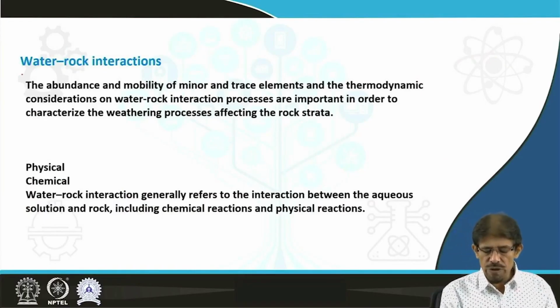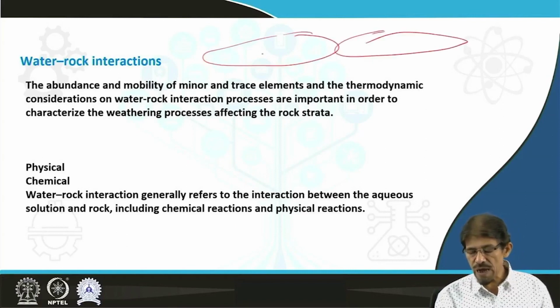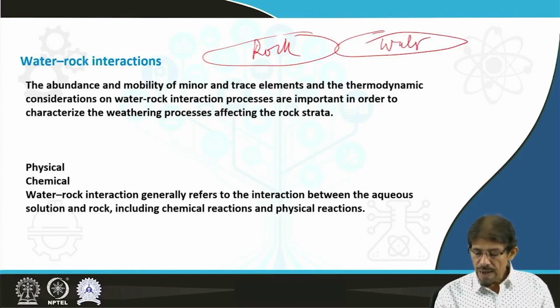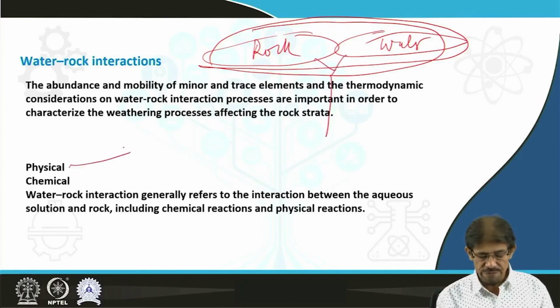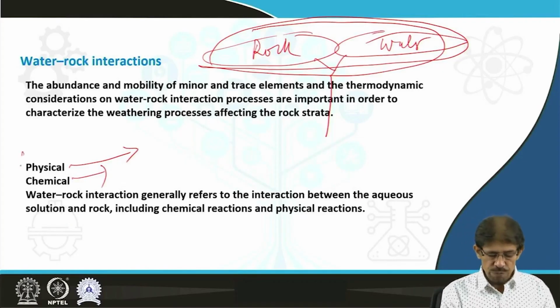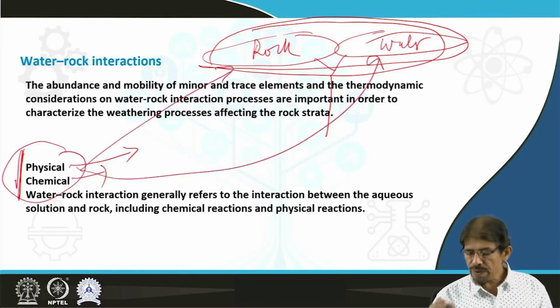If we look at water-rock interaction, as we have already discussed in our previous discussion, due to rock-water interaction there are two kinds of changes: one is physical, another is chemical. And these physical and chemical changes occur not only in rock but also in water.